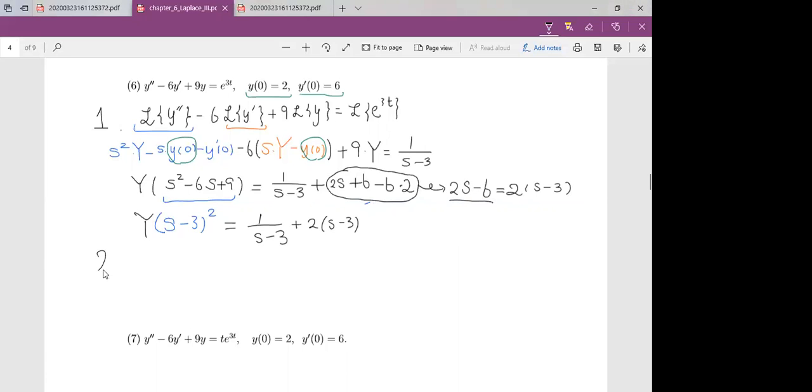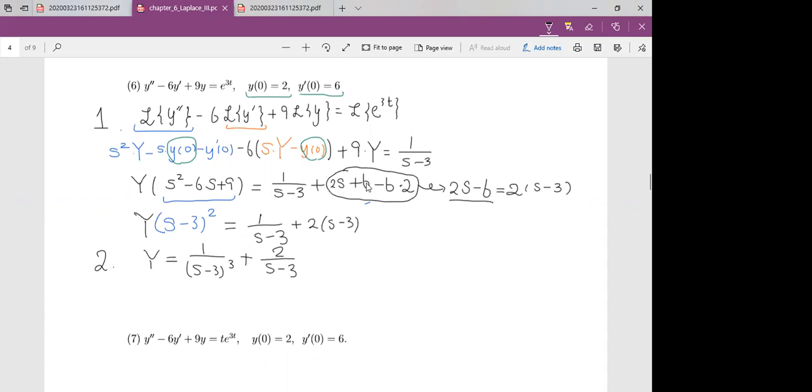Good. Step 2 is to solve this equation for capital Y. If you divide everything by this s minus 3 squared, we have 1 over s minus 3 cubed plus, and then you have canceling pair, 2 over s minus 3. Good. So again, let me quickly remark how to handle this long expression in the right-hand side.